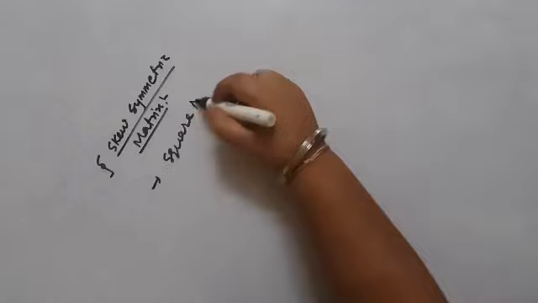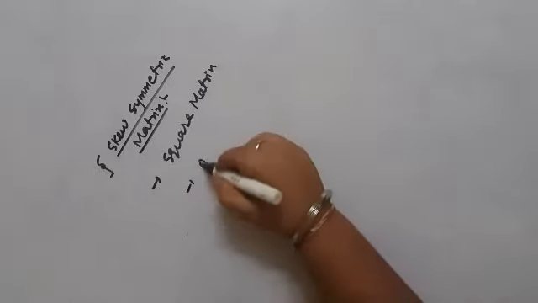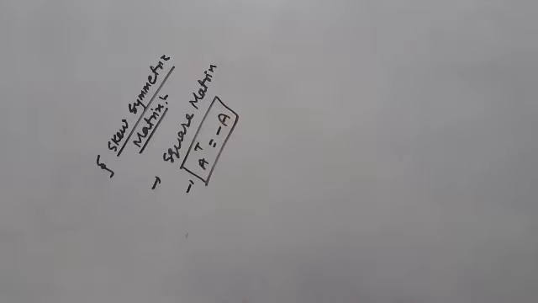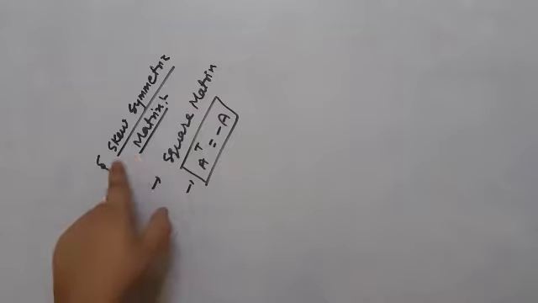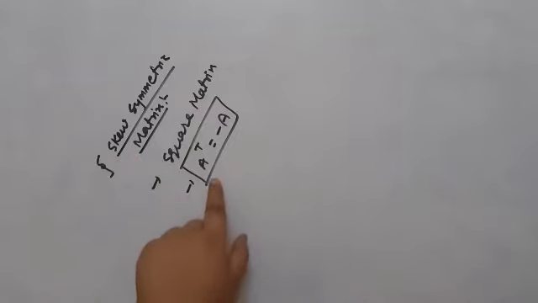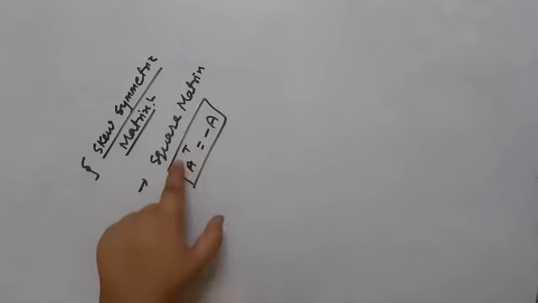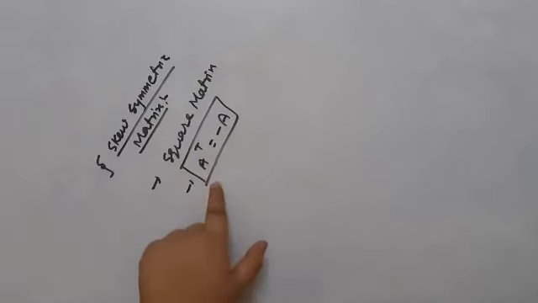A square matrix is said to be skew symmetric if A raised to the power T is equal to minus A. It means the transpose of a skew symmetric matrix is equal to the negative of itself.